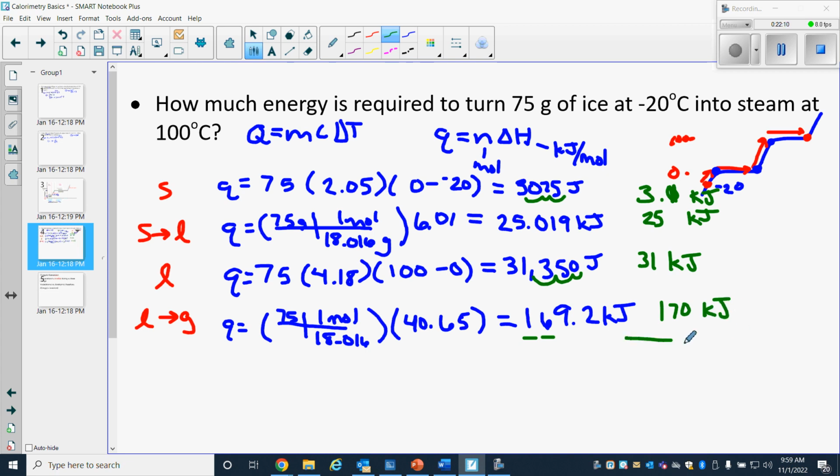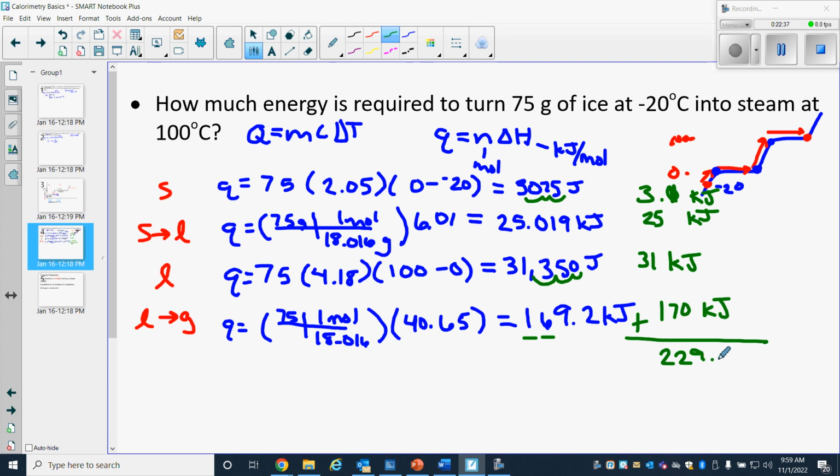And then we add all of them together to get that overall total. So if we have 3.1 plus 25 plus 31, excuse me, my calculator is not on. So 3.1 plus 25 plus 31 plus 170 is a total of 229.1.